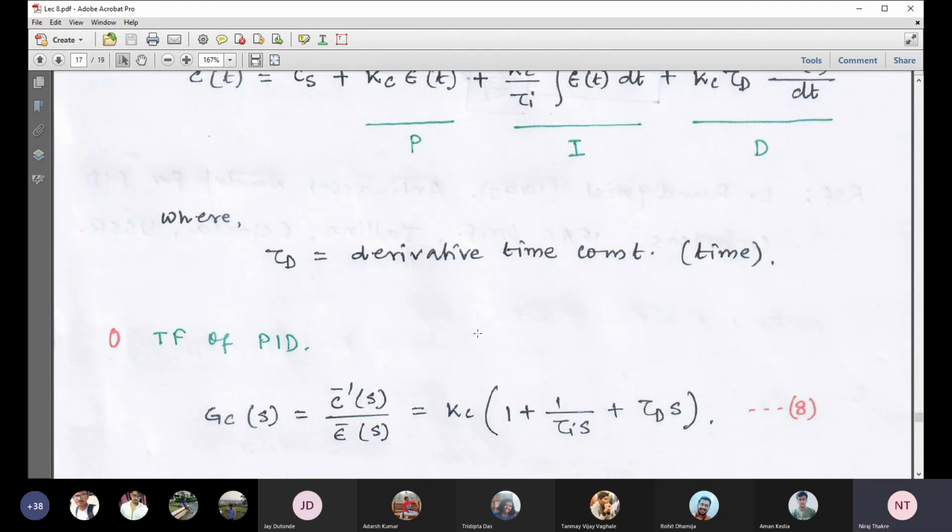Now, I have made several remarks, observations on proportional and PI controller. Now I am directly asking you, can you make any remark on PID controller in the similar line we did for P or PI controller? Do you have any remark?